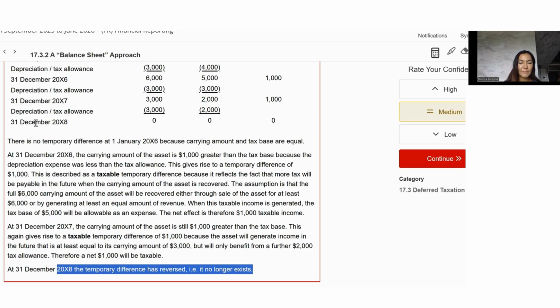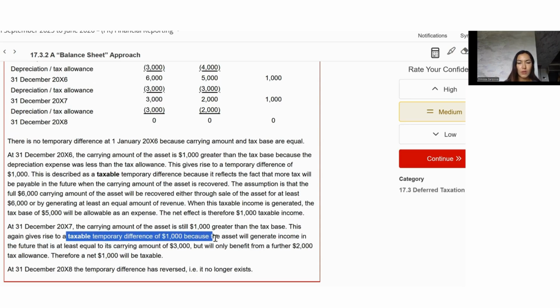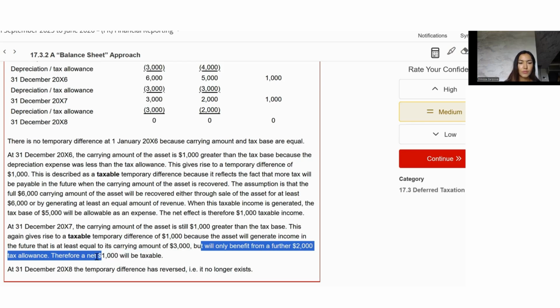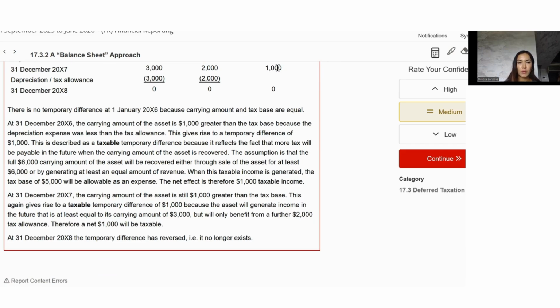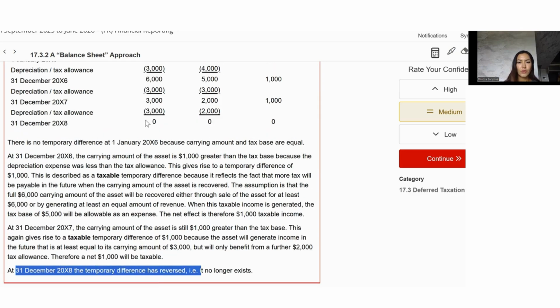In 2007, you again have a taxable temporary difference because the asset will generate income in the future and benefit from further allowance. Net 1,000 will be taxable. Here the temporary difference has reversed, so you don't have any temporary difference at the end of year 3, right?